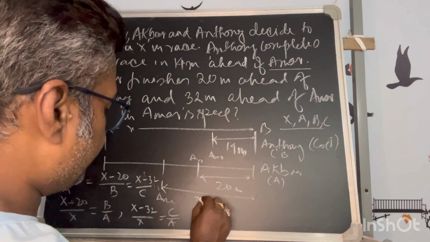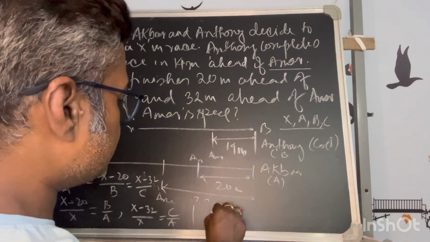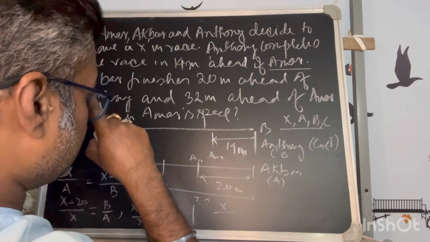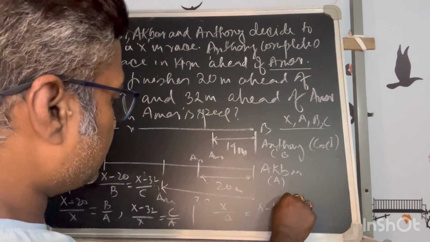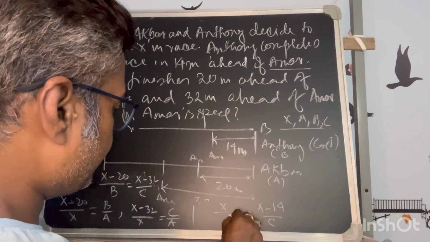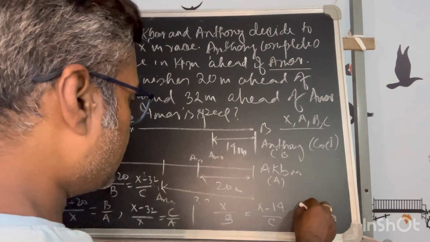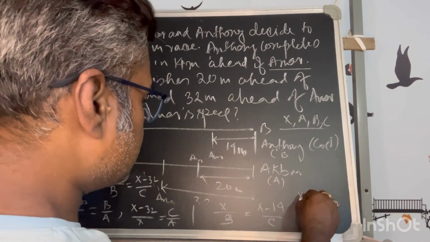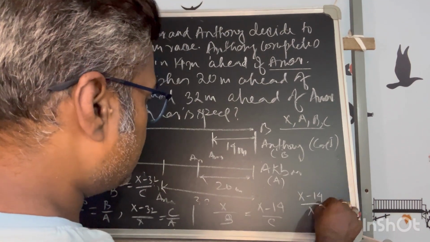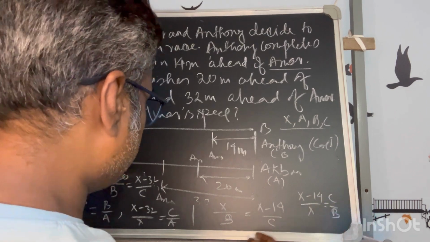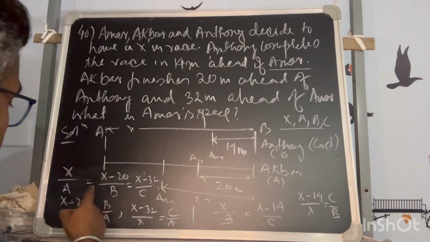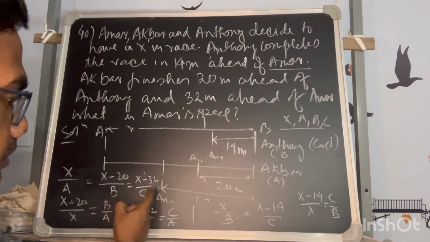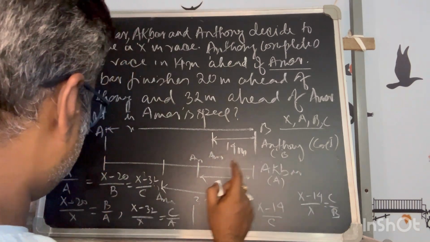And from the first case, x by the speed of Anthony, b, is equal to x minus 14 by c, isn't it? So x minus 14 by x is equal to c by b. This will be another equation. So c by b, I am getting now.